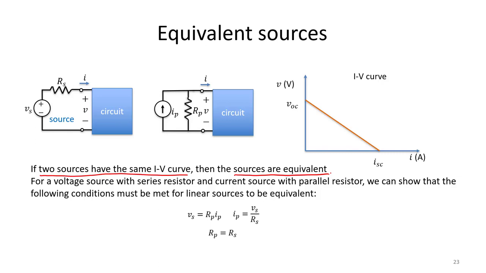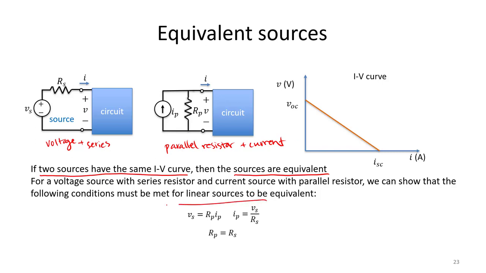So basically, if we want to make a voltage source with a series resistor equivalent to a parallel resistor and a current source, we would need to make the VOC and ISC equal.